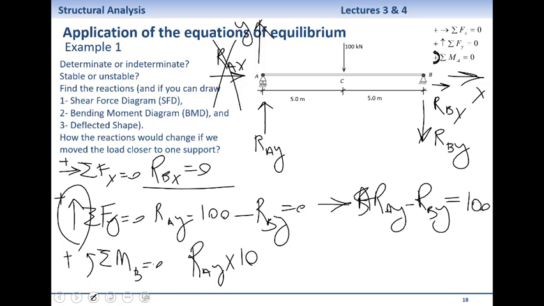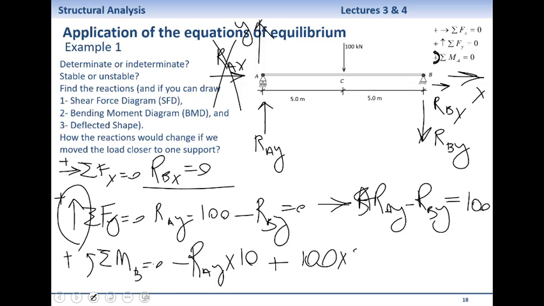But it's pushing the beam clockwise. Fantastic. So is it positive or negative eventually? Negative. Fantastic. What about the force 100? Positive or negative? Because again, it's pushing the beam now anti-clockwise. So it's positive. What's the magnitude?